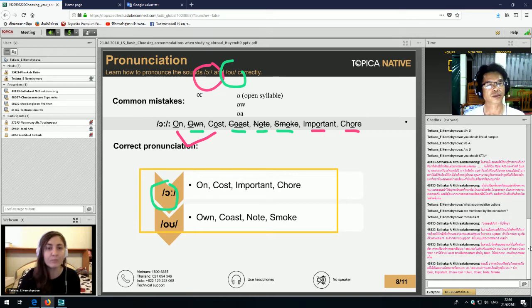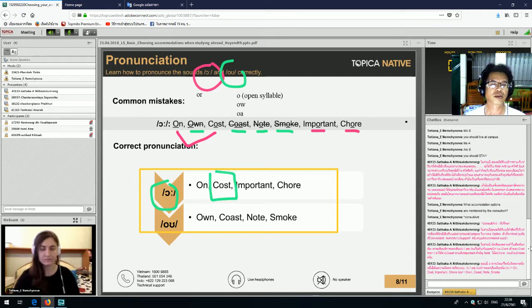So how do we pronounce it? On, cloth, important, sure. Okay, can you please repeat just this word? Cost. Yes, cost. For example, we have living costs. Living cost.